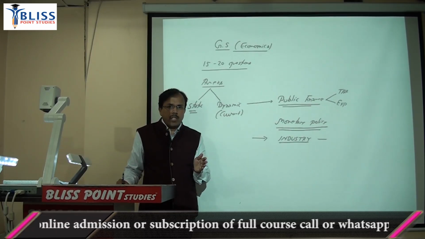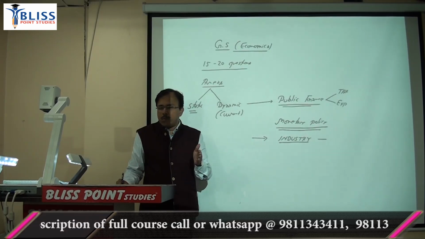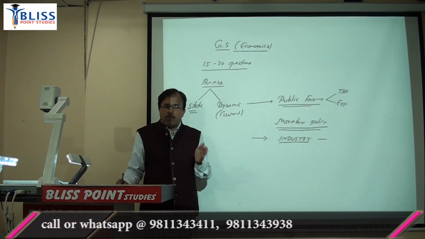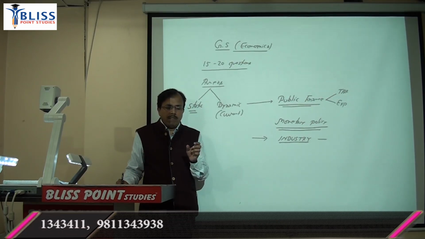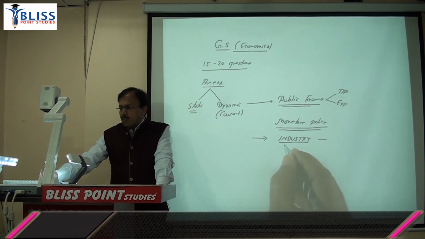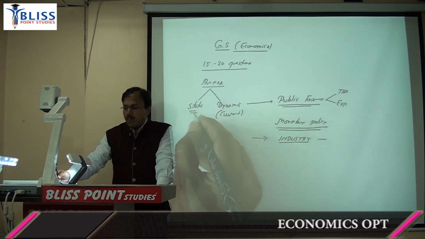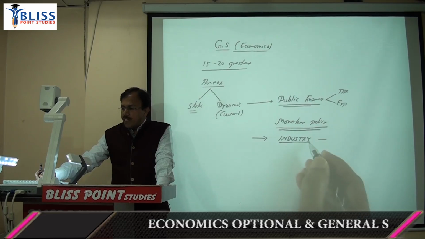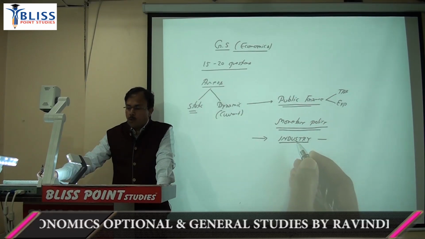What was the old definition, and how has it changed? Earlier it was in terms of investment in plant and machinery, and now the definition has changed from investment in plant and machinery to turnover. Plus there will be some static parts as well, like disinvestment of public sector undertakings, share of industry in GDP, share of industry in employment, and share of industry in exports.